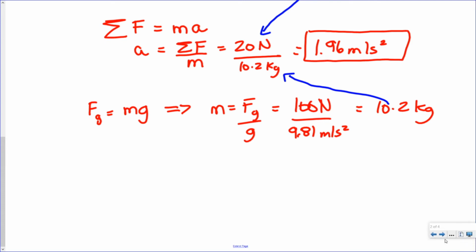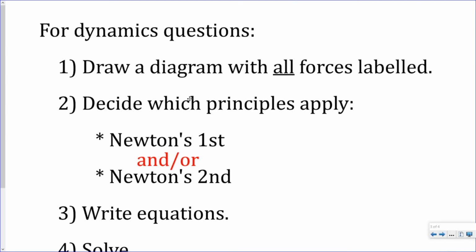So how do we tackle these questions in general? For these dynamics questions, remember dynamics is talking about the movement of objects, but also the why. So we're focusing more on the why here to figure out how they're moving. For all of these dynamics questions, I want you to follow basically this 4-step method.